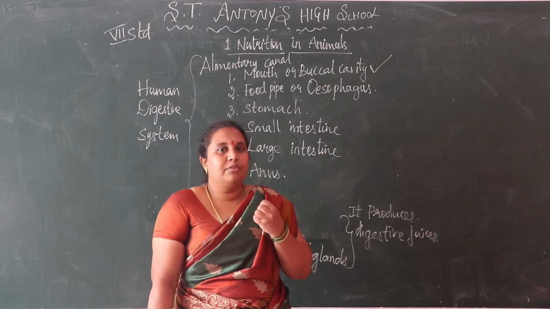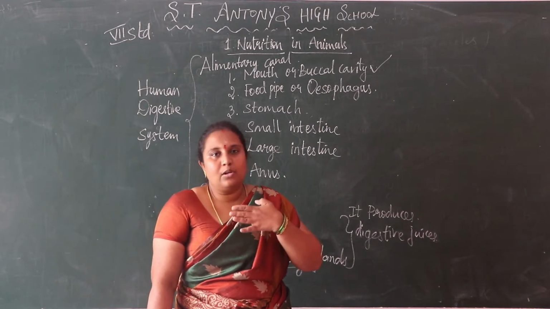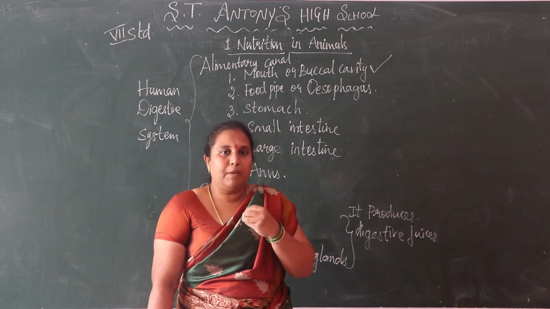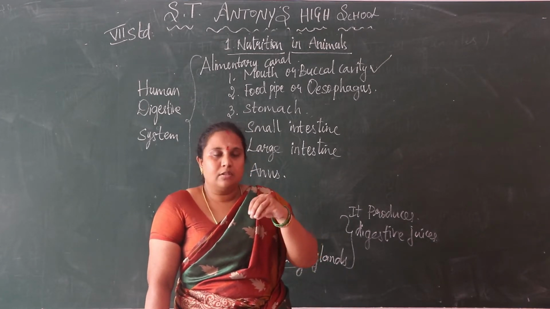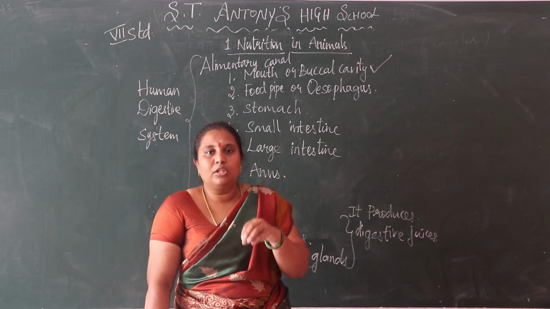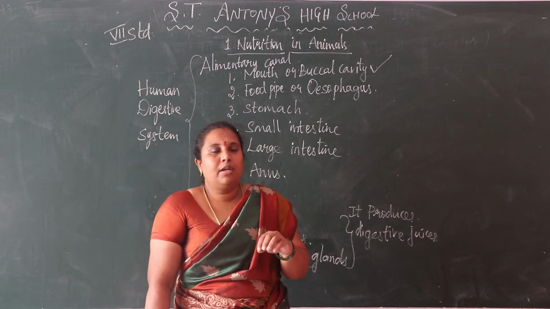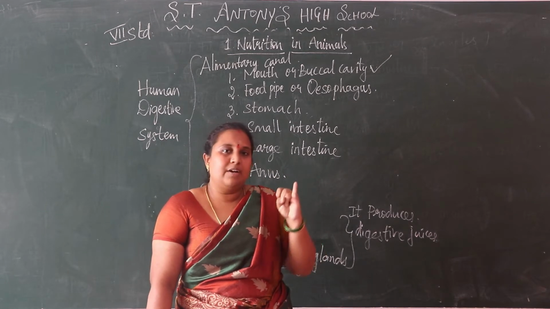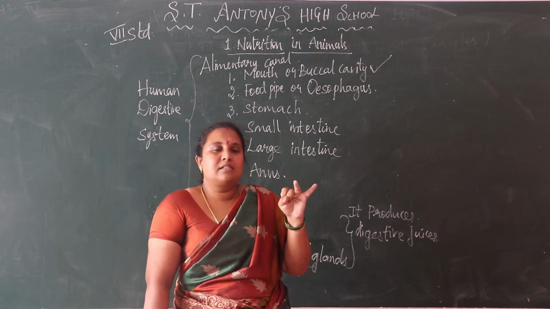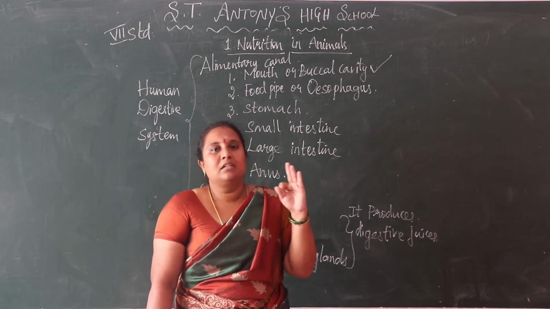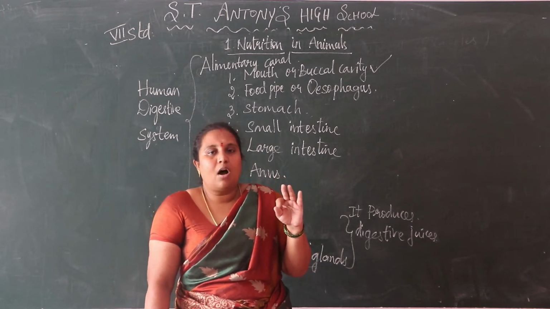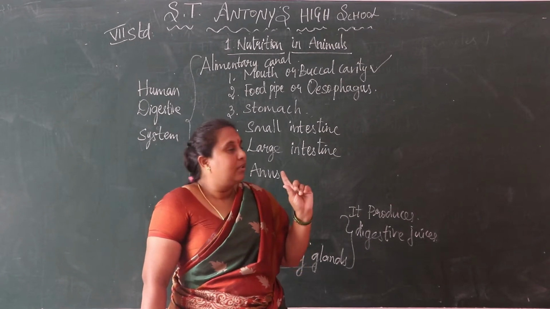After chewing, the food is swallowed into the food pipe, and the food pipe moves the food to the stomach. So here we have three parts: saliva, tongue, and teeth. These three things are important for the mouth or buccal cavity.